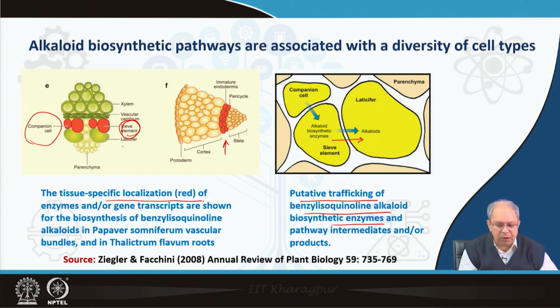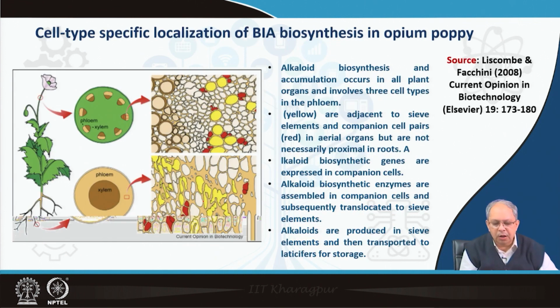because if you want to study this properly, you have to isolate these particular types of cells, and from there you can isolate the mRNA and do the subsequent work, and in fact scientists did such things. Nowadays there are techniques like single cell isolation of RNA and of metabolites. This is another way.